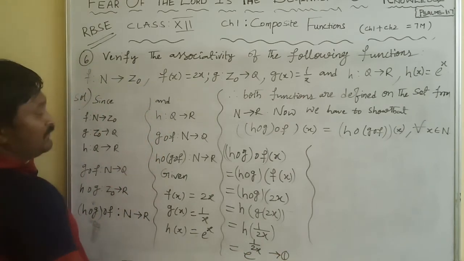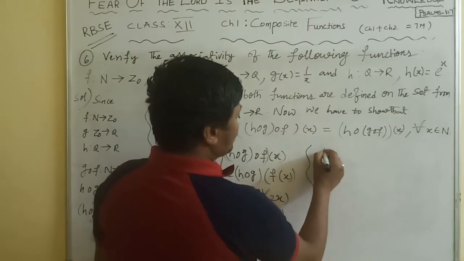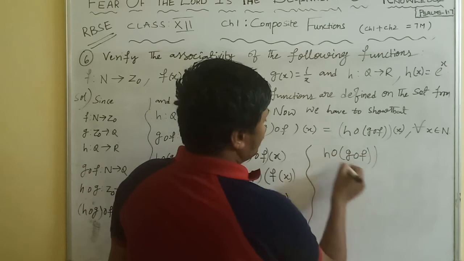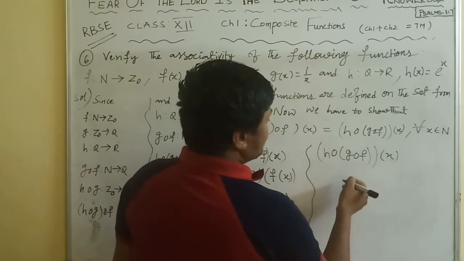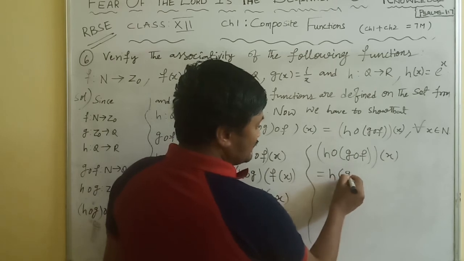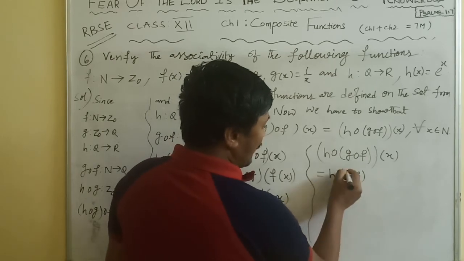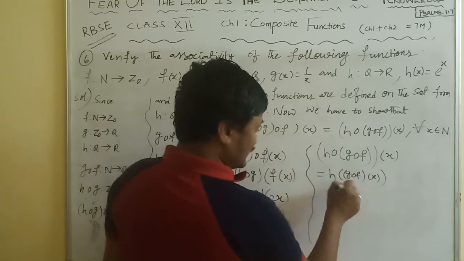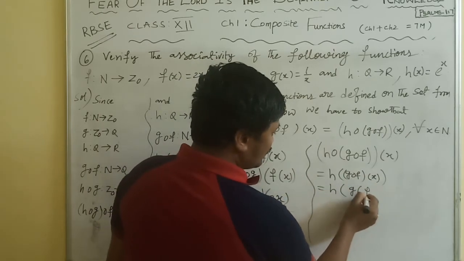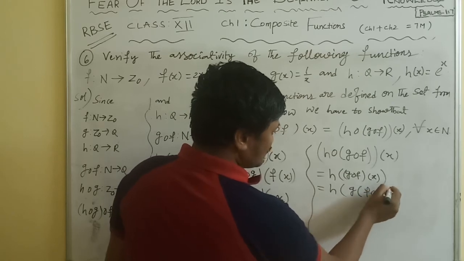Now same method, let me go for the second part also, that is h circle g circle f of x. So this we can write as h of g circle f of x, and still this we can write as h of g of f of x.